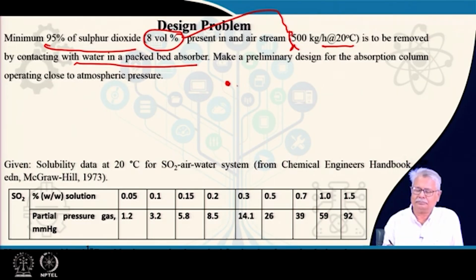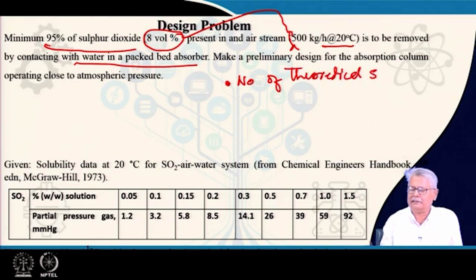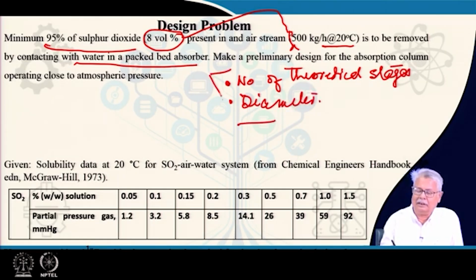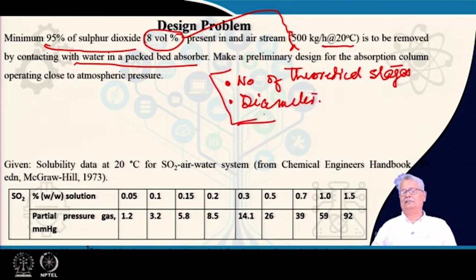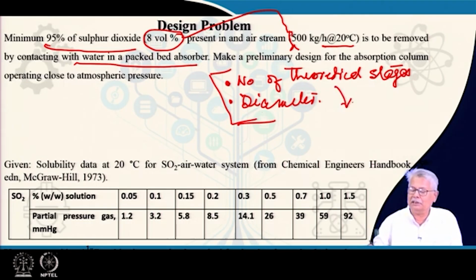Number one, the number of theoretical stages, and the diameter. Once we have these, the next thing that we are required to find out is, for this system, the height equivalent to a theoretical plate.